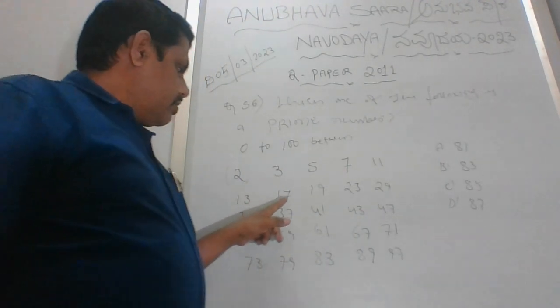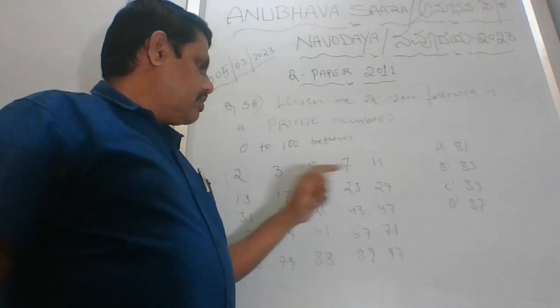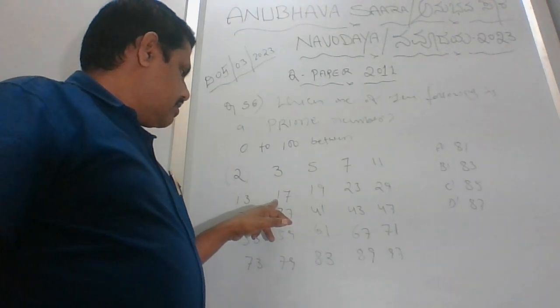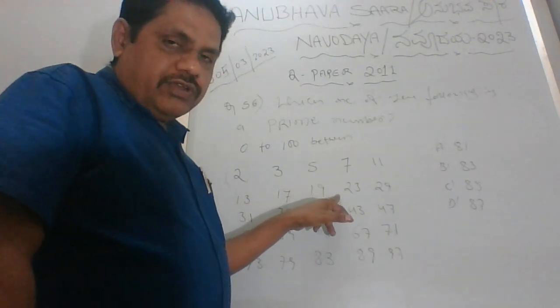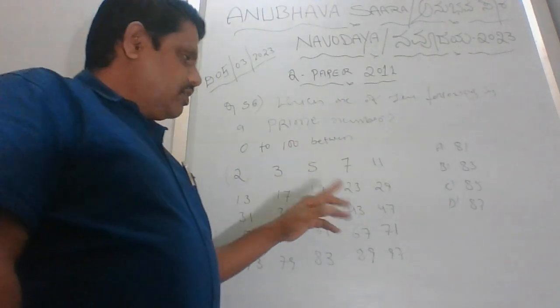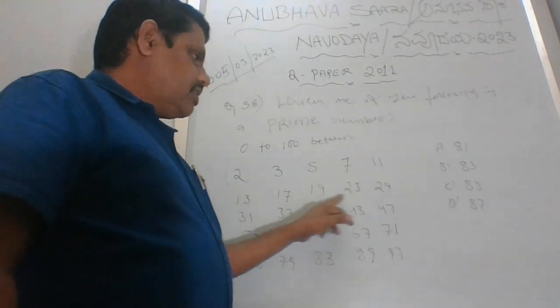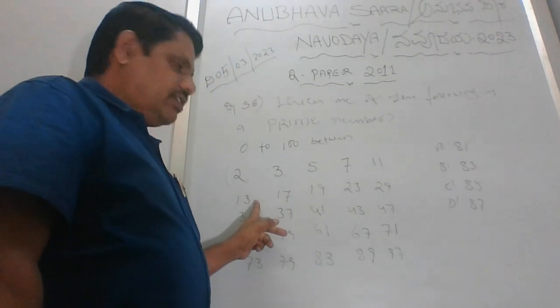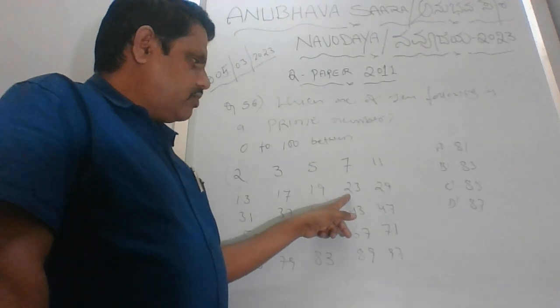See here, odd number, odd number, odd number, odd number. 13, 17, 19, 21 is going to be divisible, but 23 no, 29 no. So these are all odd numbers in the second row. Fine. 13 is not divisible. 17, 19, 23, 29.